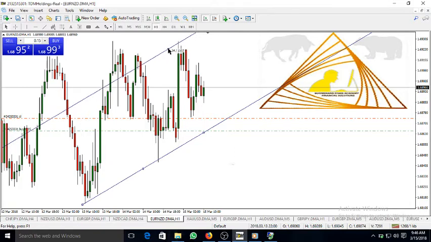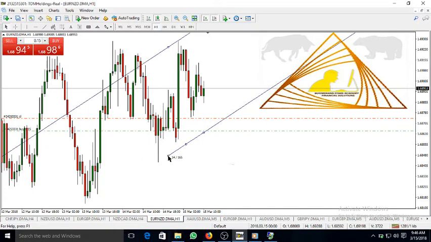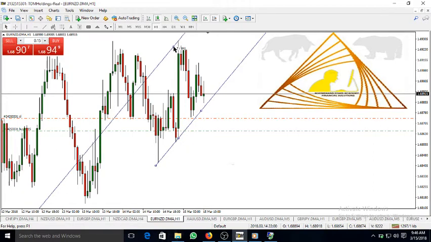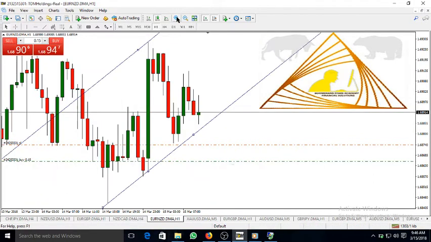Okay, let's focus on the current movement, from this support to this support, right? This is what I'm having, right?